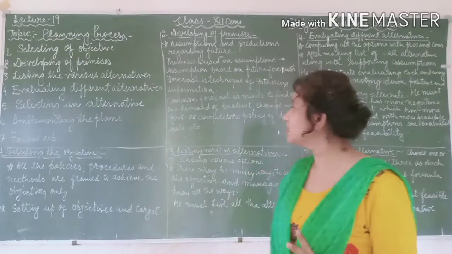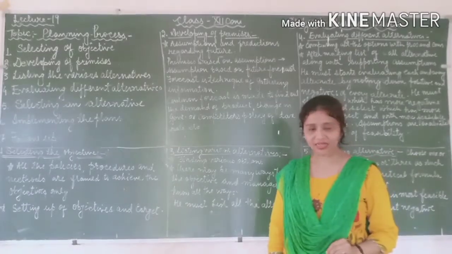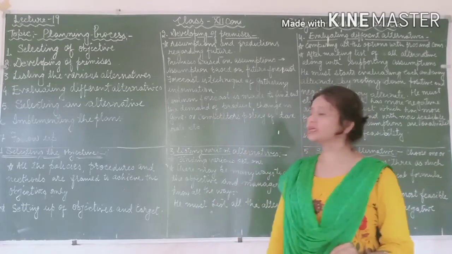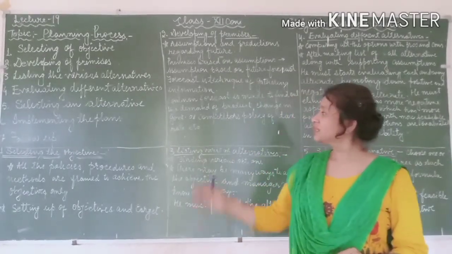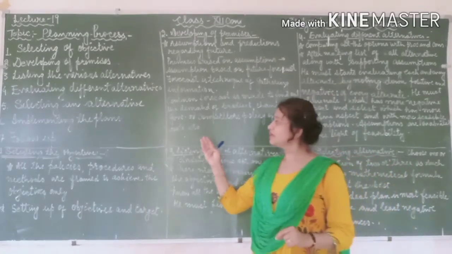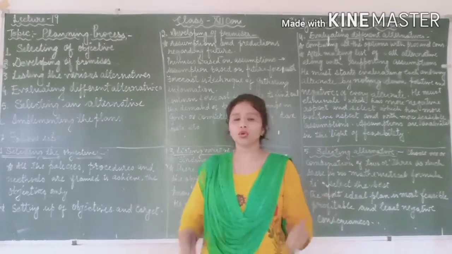The fourth one is evaluating all the alternatives, then the fifth is selecting the alternative. The sixth one is implementing the plan, and the seventh one is the follow-up.